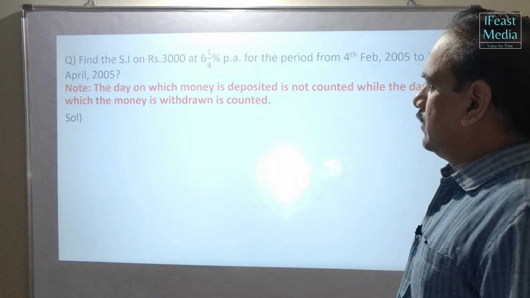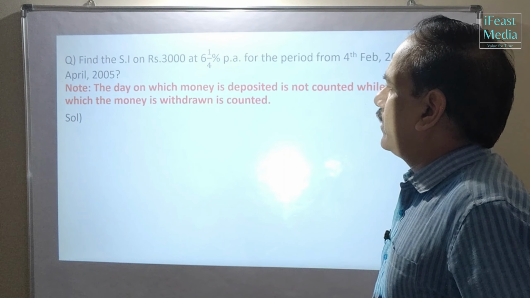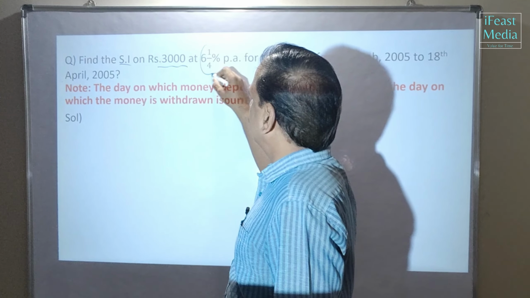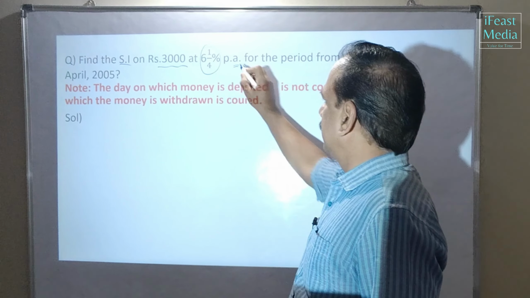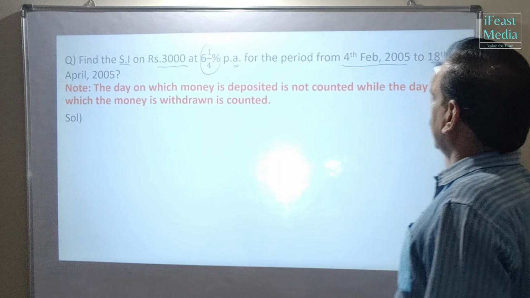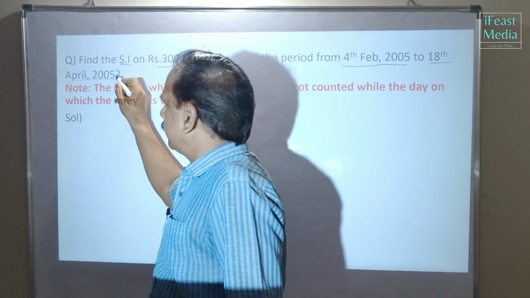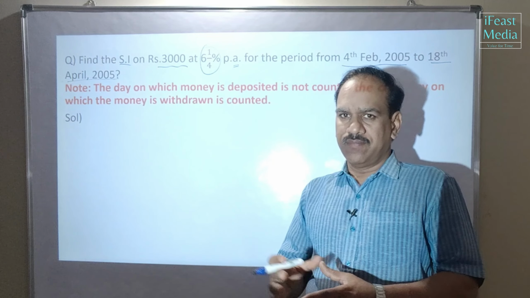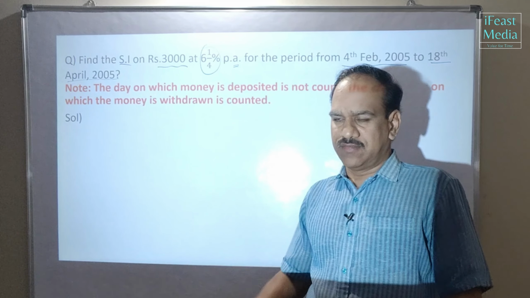Coming to the problem, find the simple interest on 3,000 rupees at 6.1/4% per annum for the period from 4th February 2005 to 18th April 2005. Here we are given a time period in number of days.